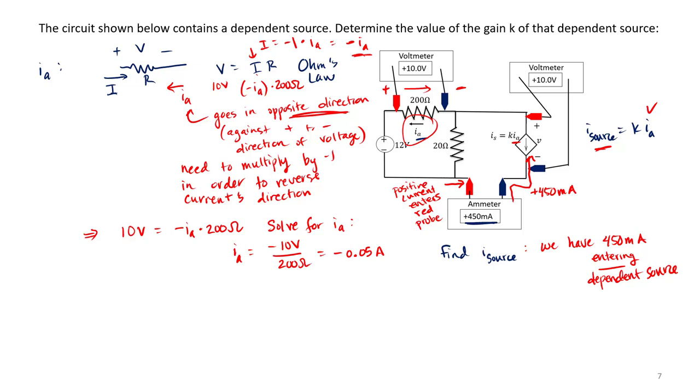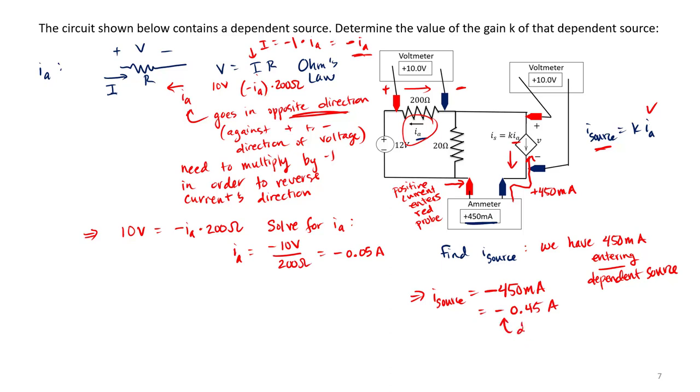So what is I source in this case? Well, I source is going the opposite direction. So I source must be negative 450 milliamps, or negative 0.45 amps.